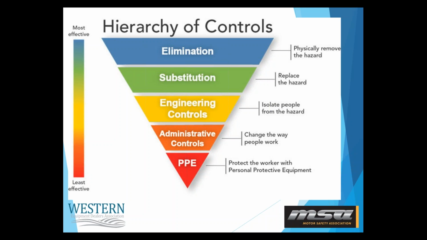And as we move down the triangle, there's administrative controls such as safe work practices, education and training sessions, all play a role in controlling those types of hazards at the source. But the bottom of our triangle is where the PPE is, and that's when the hazard cannot be removed or controlled adequately, is when we rely on that personal protective equipment, because it's the last line of defense.